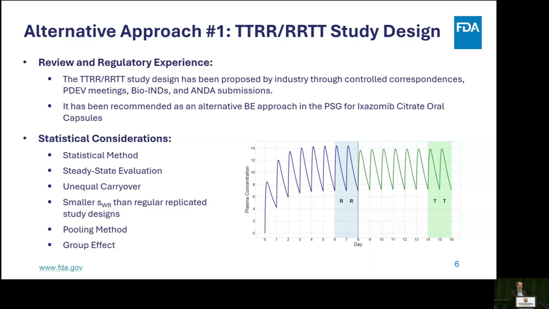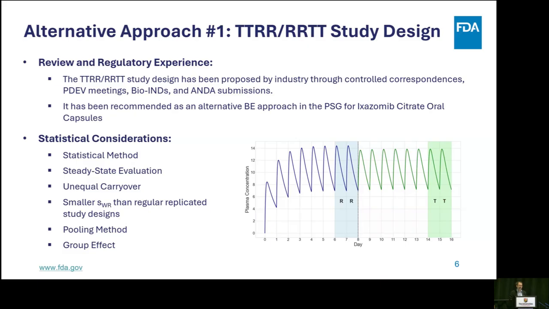The second one is how to evaluate the steady state. In general, you don't need to evaluate steady state for the second and the fourth period if the first and the third period already reach steady state. And yesterday, there were questions about unequal carryover. Yes, that's one issue for this study design. So this should be evaluated during your data analysis.